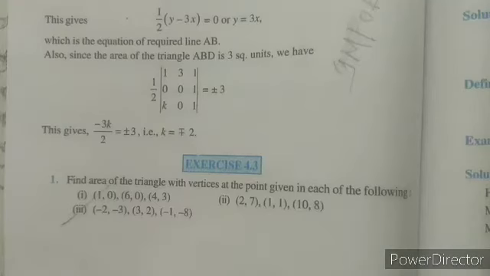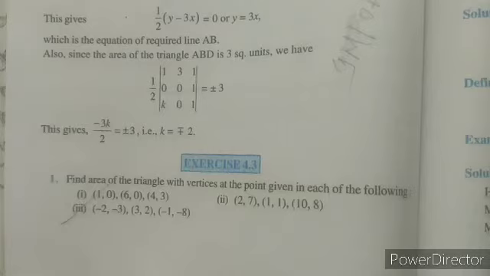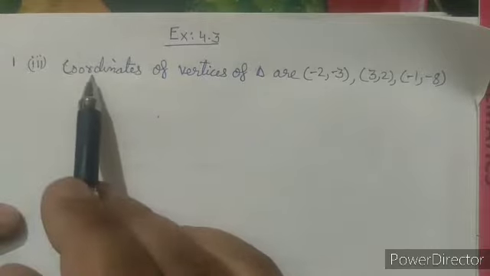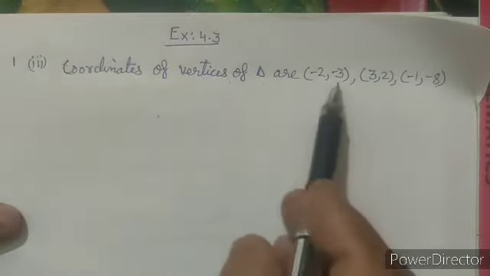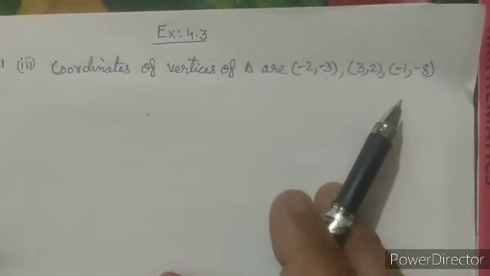Now come to Exercise 4.3 of NCERT. Here in the first question we have to find the area of the triangle with vertices at the points given in each of the following. I am doing the third part of this one. In the third part of question number 1, the coordinates of the vertices of the triangle are given to us and we have to find the area of the triangle.